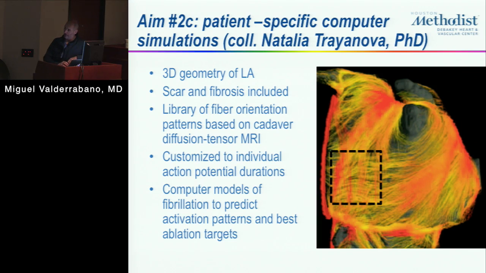But my hope is that if I combine some of the preliminary data we have from the clinical trial, if I get a couple of recordings of adenosine in the vein of Marshall showing shortening of the action potential in that area, if I get John Memerian to give me one MIBG scan where we can claim there's something in the atrium, and Deepan to give me some cute MRI scan like this, and Natalia to give me a letter of collaboration, then we could have a viable grant. But that's where we are. So I'll stop there.